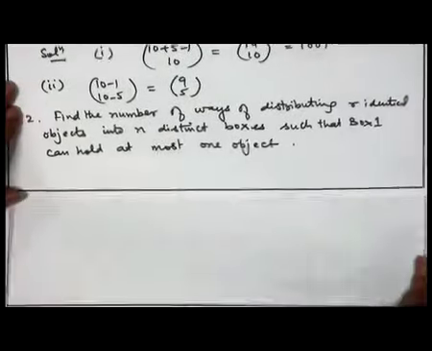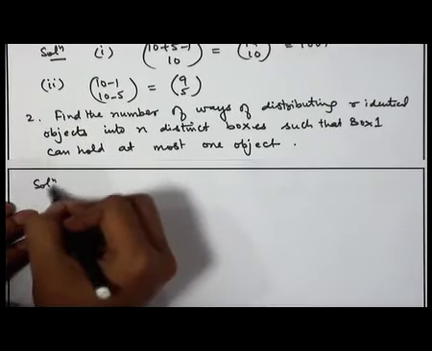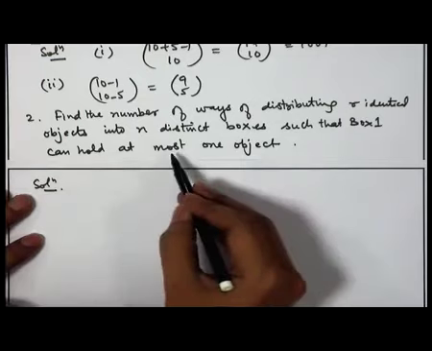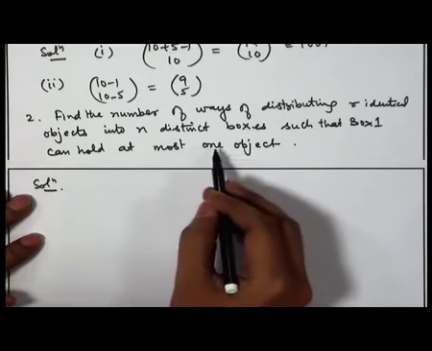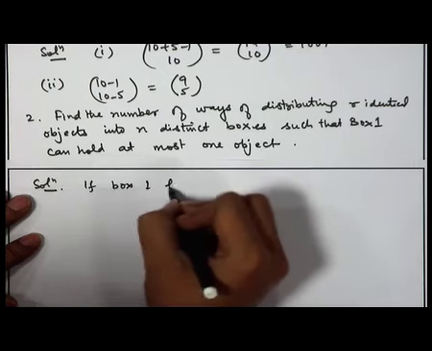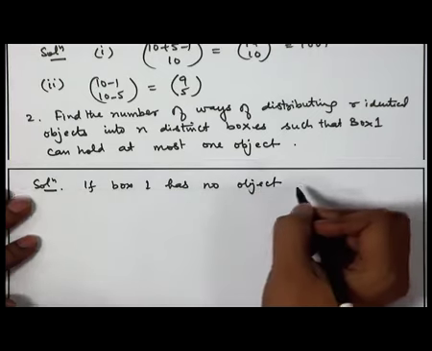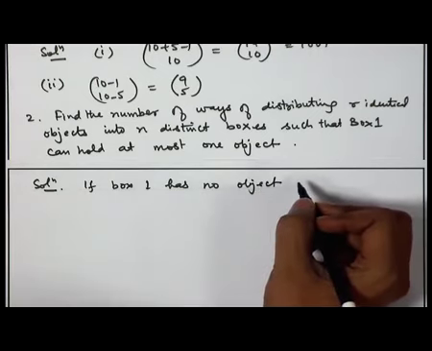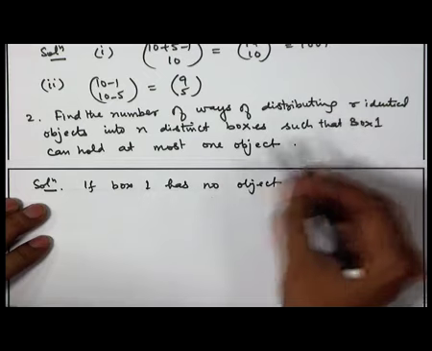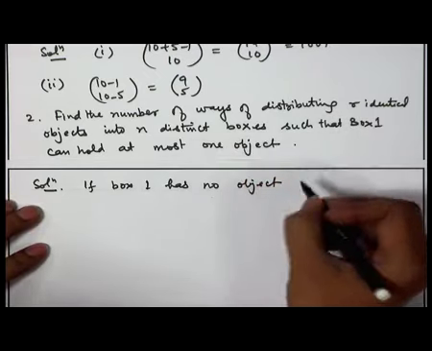Let us give the argument for this here. Box 1 can have either no object or one object. If box 1 has no object, then the problem is to place r identical things into n-1 distinct boxes.